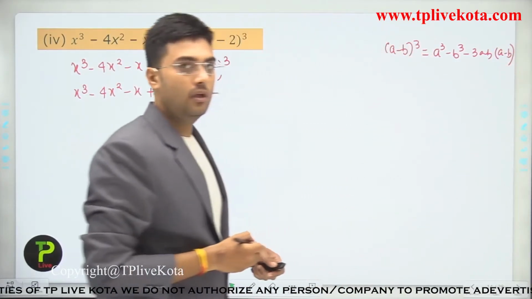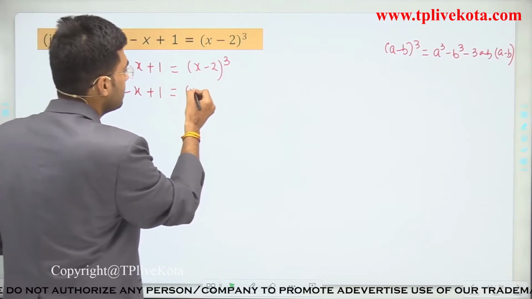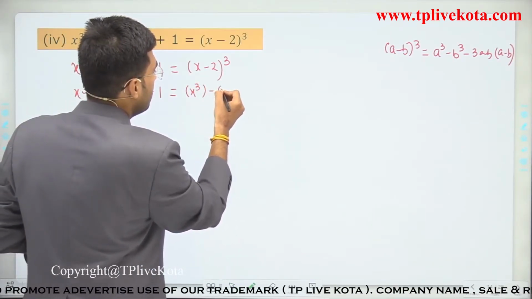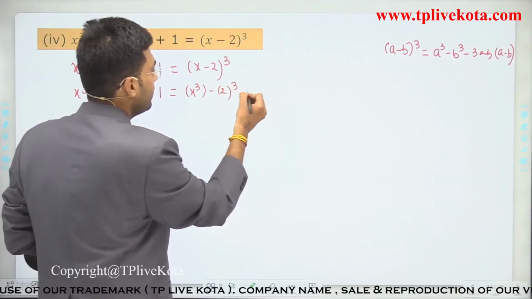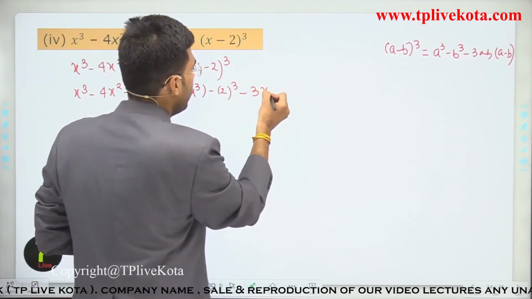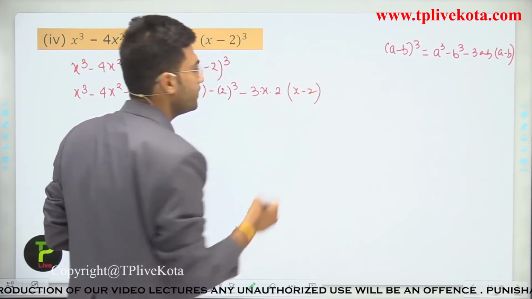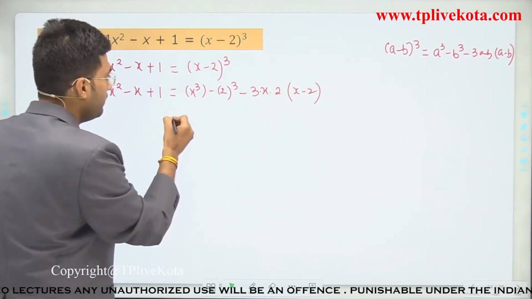Okay, so here we can write it as x cube minus 2 cube minus 3 times x multiplied by 2 and (x minus 2). So when we solve this, what will we get?